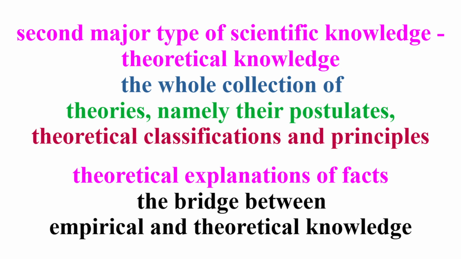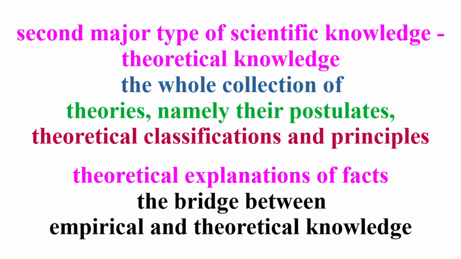Recall from part 1 of this video series that the facts observed, either isolated or generalized in the form of empirical classifications and laws, constitute the first major type of scientific knowledge called empirical knowledge.